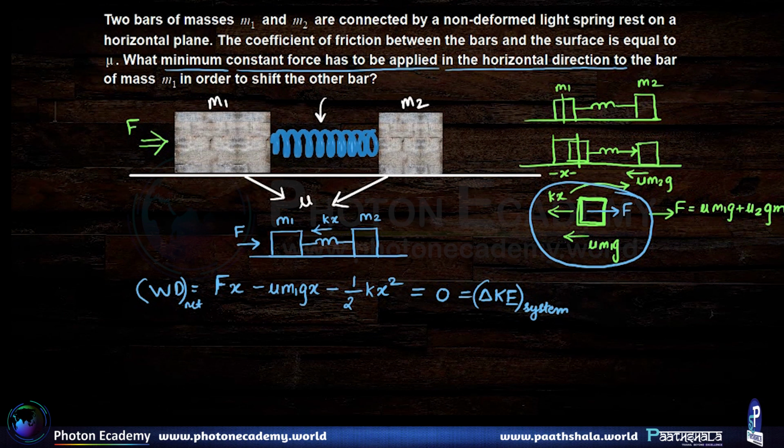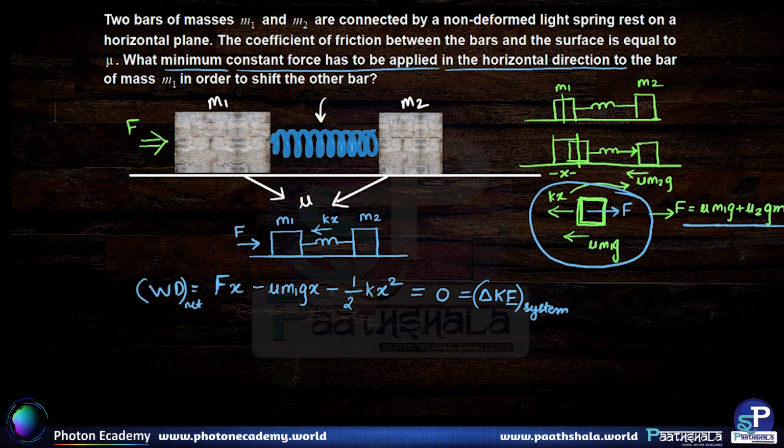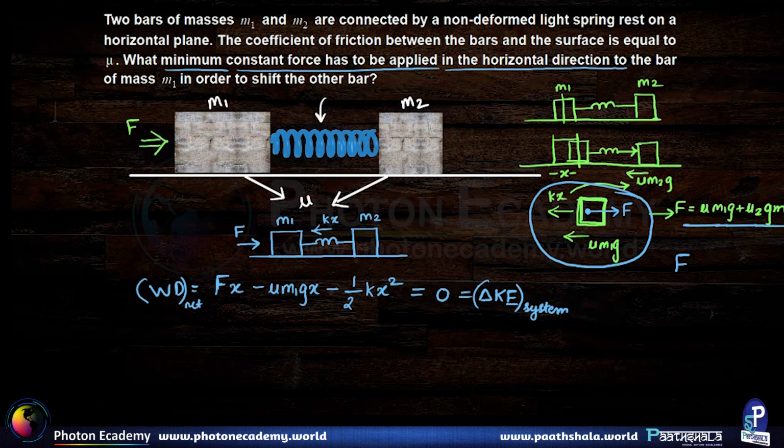So why is this particular equation true and why is the other equation not true? The reason is that the force F is acting towards the right-hand side and kx and mu mg are acting towards the left-hand side. So we cannot write that this is in equilibrium because the force F is still moving the block. We cannot write that this is in equilibrium instantaneously because motion is still happening. That's why this particular method of dynamics is not suitable, or it is inappropriate.